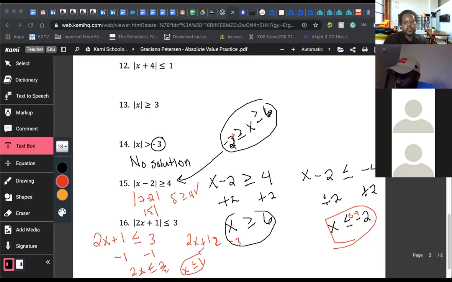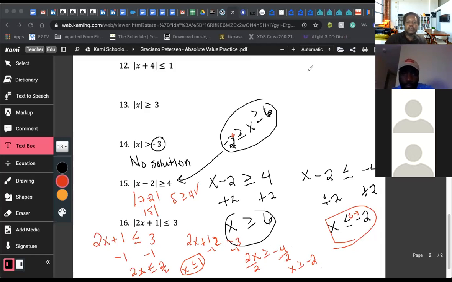That's the first solution. Subtract 1 from each side over here. We have 2x greater than or equal to negative 4. Divide both sides by 2. X is greater than or equal to negative 2.